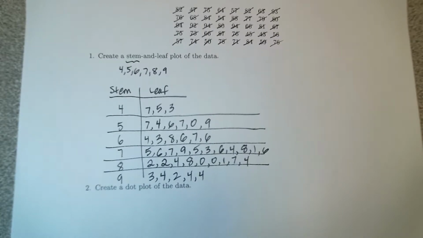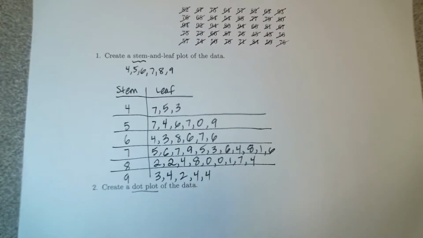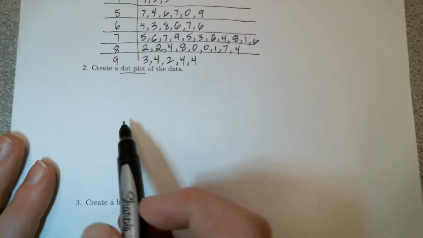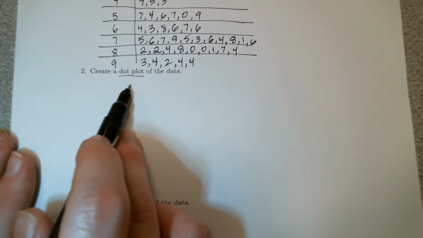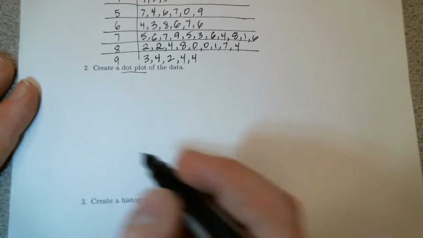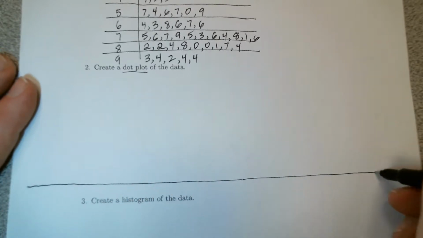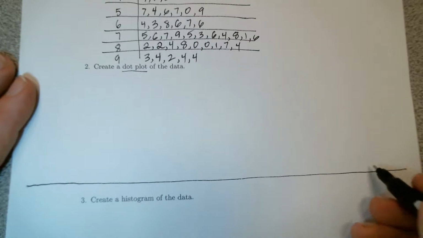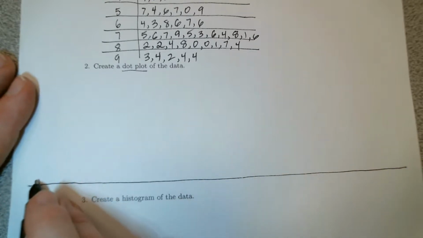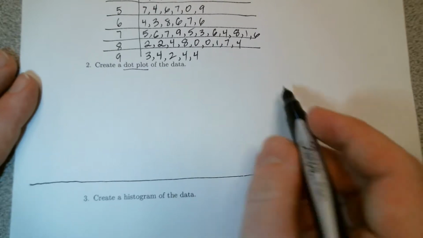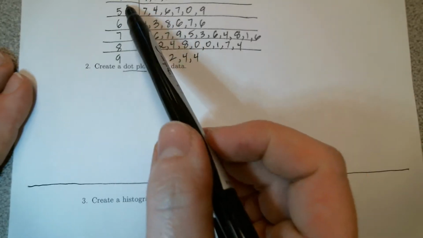So what I'm going to do now is create a dot plot. And a dot plot is all about plotting dots to represent each data value. So in order to set up my dot plot, I'm going to make a rather long horizontal line here. And along this horizontal line, I'm going to tick off values to represent my data values.